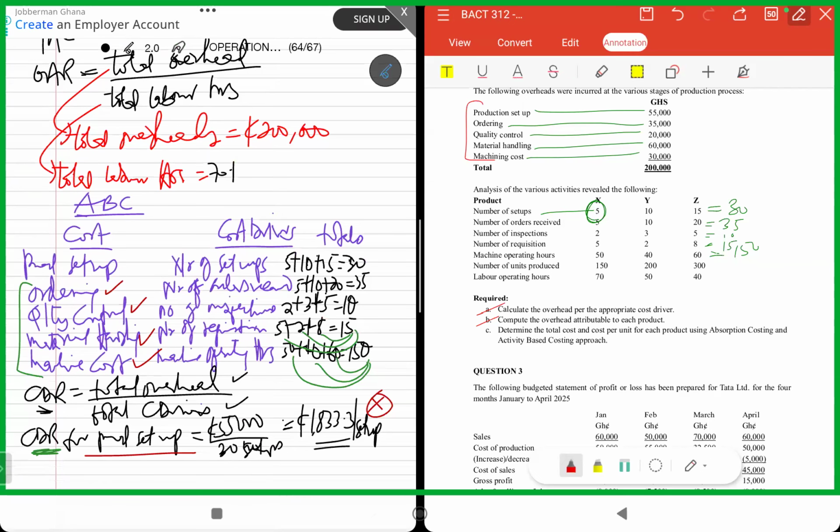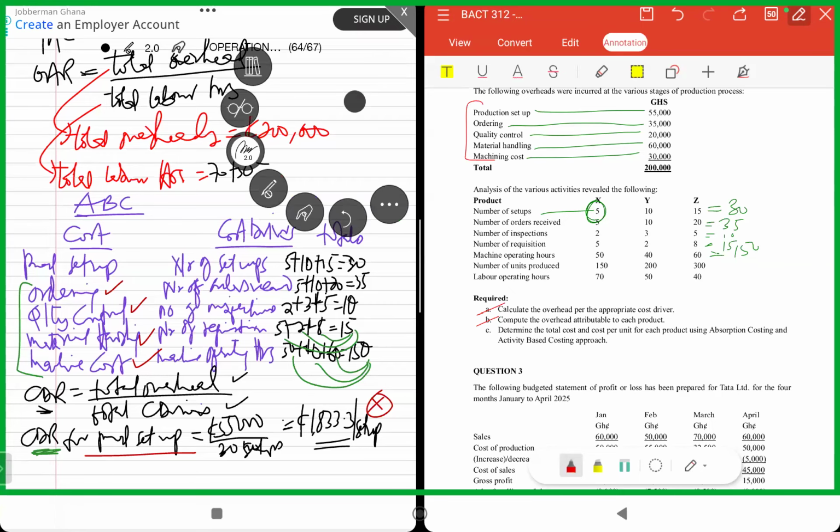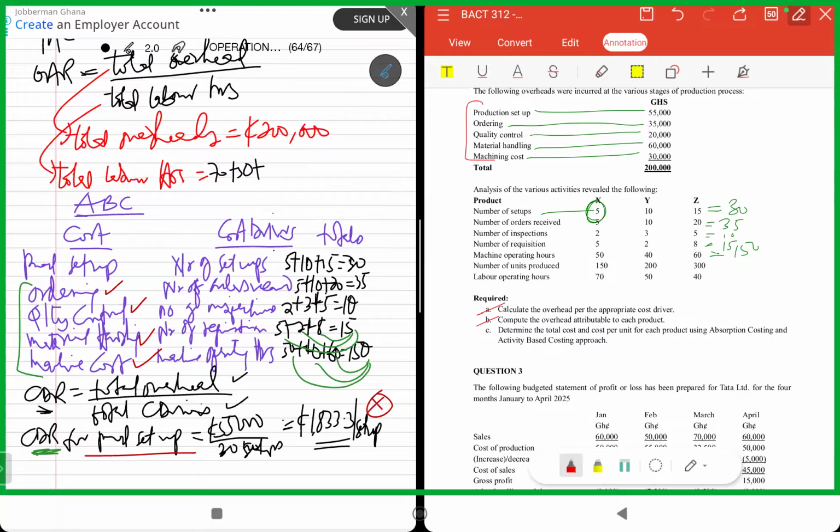We had 70 plus 50 plus 40 hours, which gave us 160 hours. So the OAR was 200,000 divided by 160 hours. So what do we have? 1,250 per hour. That was the OAR.